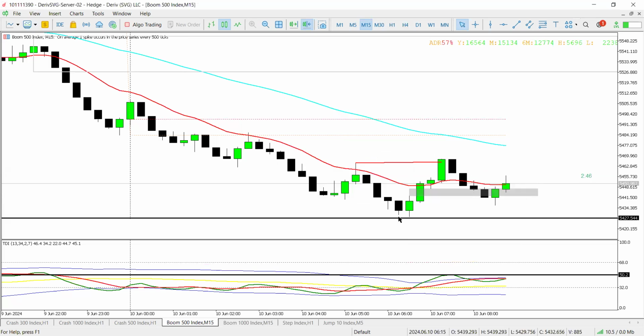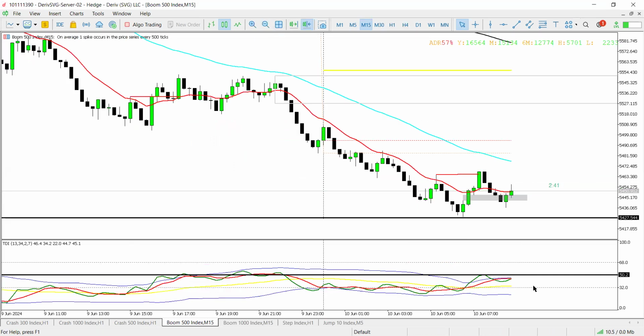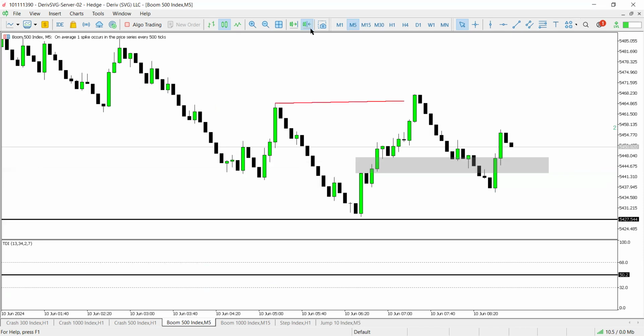So this is what we have on M15. TDI is currently trading above the yellow baseline, which gives us a confirmation of that reversal we want to catch. So when we jump down to M5 now, what do we have?